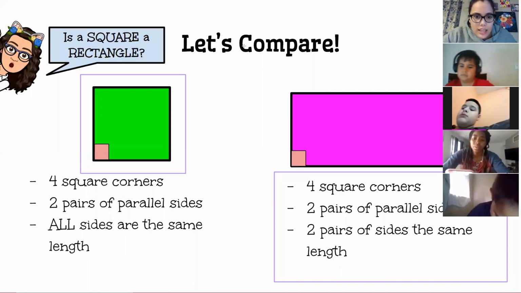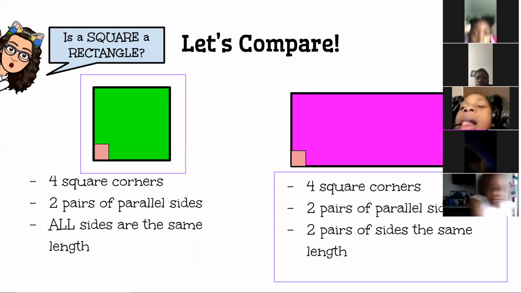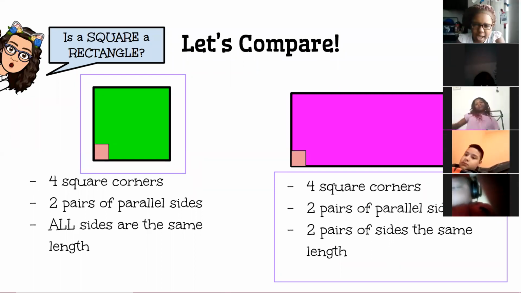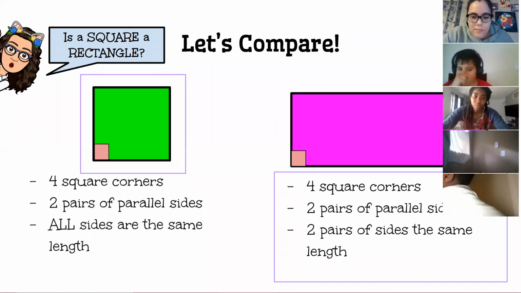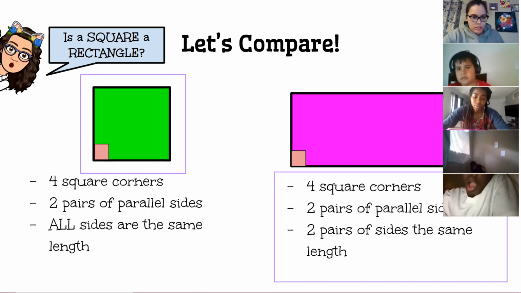Someone who said yes. Let's choose Kayla. Why did you say yes? I chose yes because it has 4 square corners. Okay, so it has 4 square corners.